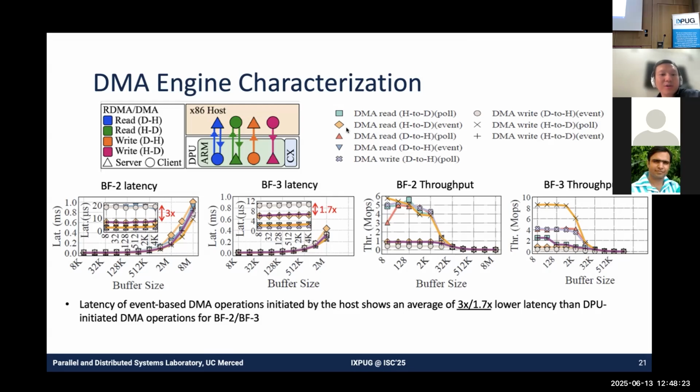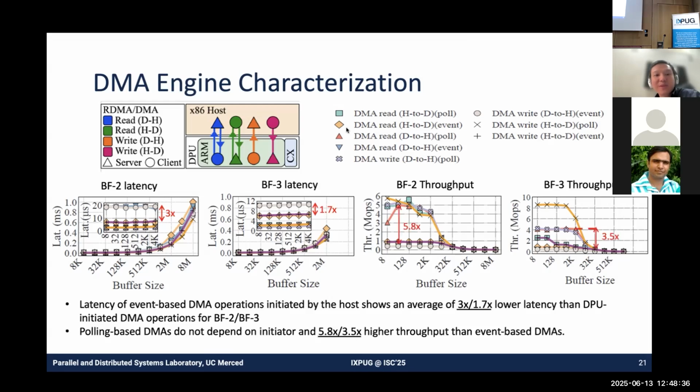So here you can see that the latency of event-based DMA operations initiated by the host shows an average of 3x or 1.7x lower latency than DPU-initiated, across BlueField 2 and BlueField 3. And if you look at the throughput, the polling-based DMAs do not depend on the initiator, actually.